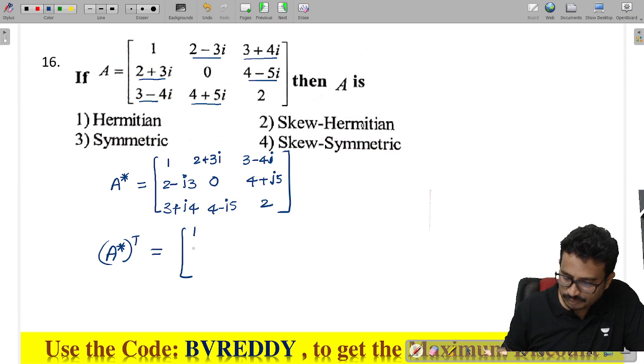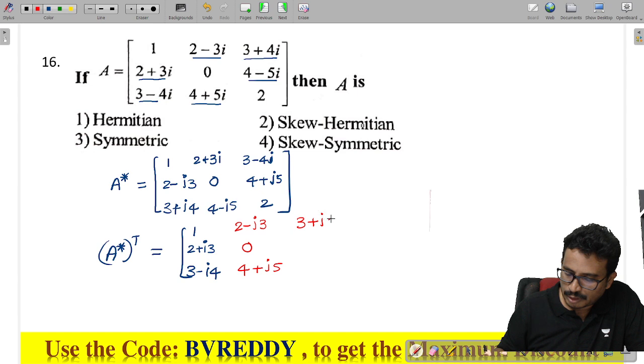This is 1, 2 plus i3, 3 minus i4, and 2 minus i3, 0, 4 plus i5, 3 plus i4, 4 minus i5 and 2.